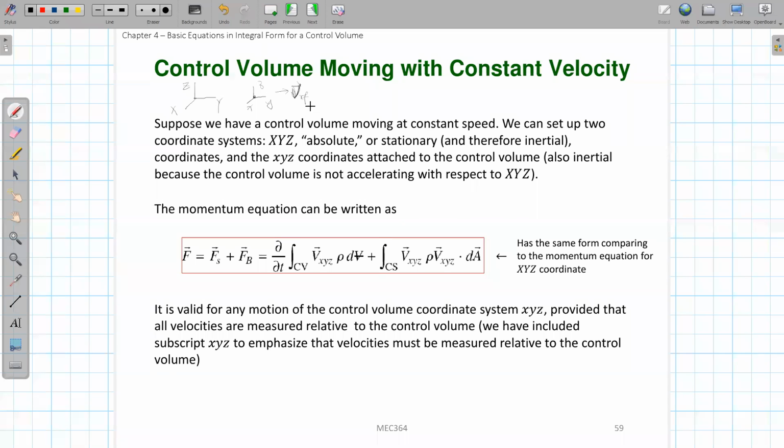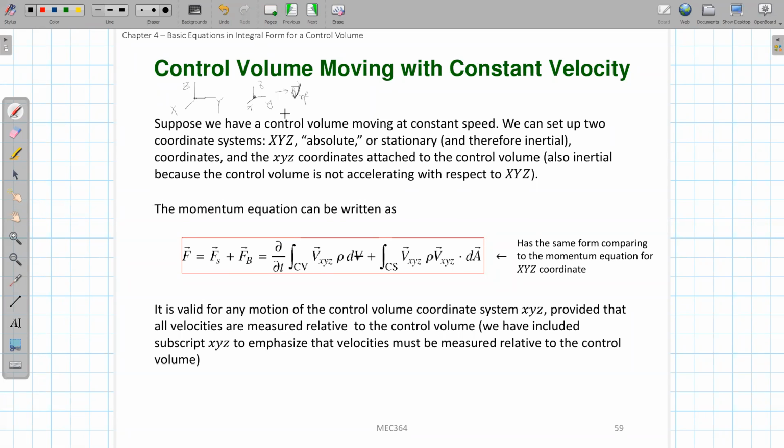Moving at a constant velocity means that this new coordinate system, small x, y, z, this reference frame, because it has constant velocity, is still an inertial frame. Which means that Newton's second law is still working.